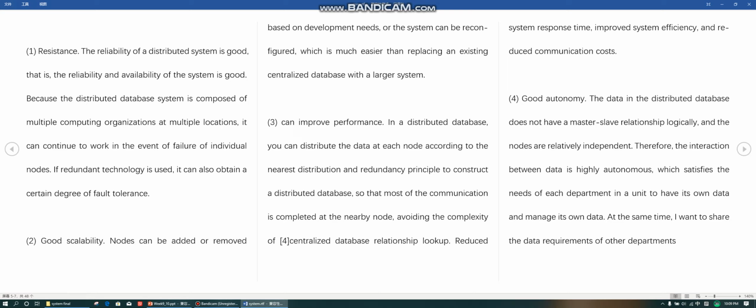So if you are using a centralized database, we want to deal with the problem caused by multi-value and composite attributes. So we have multiple tables for an entire database.